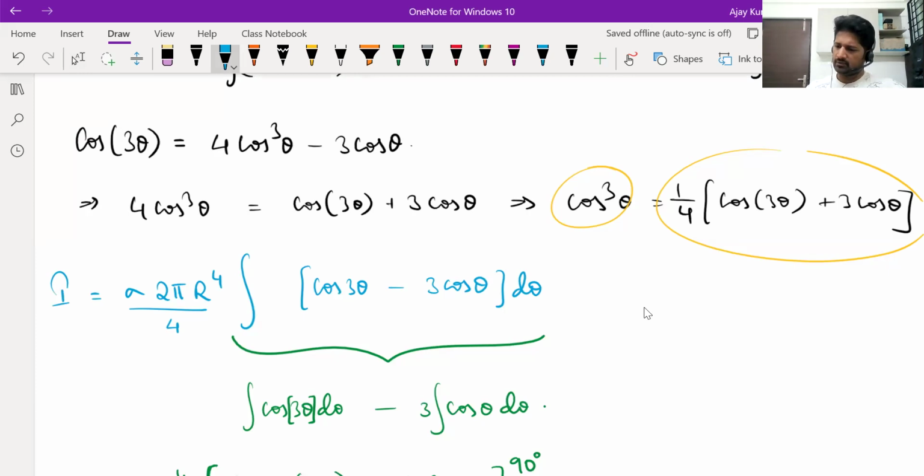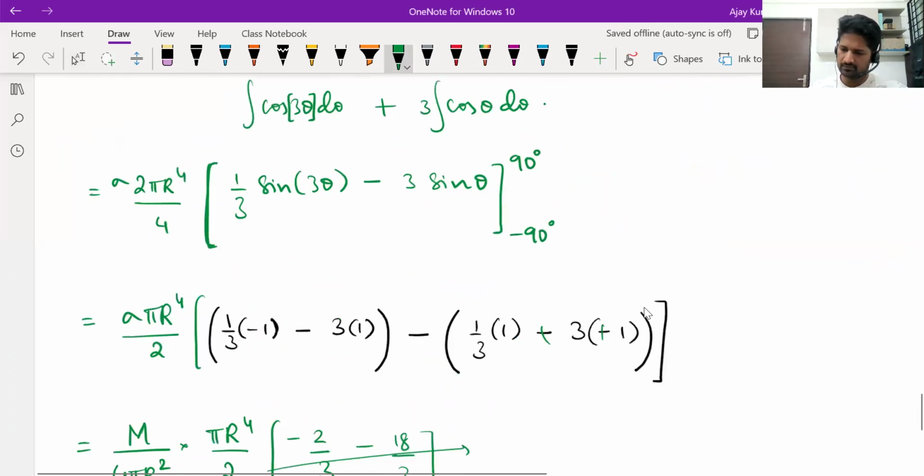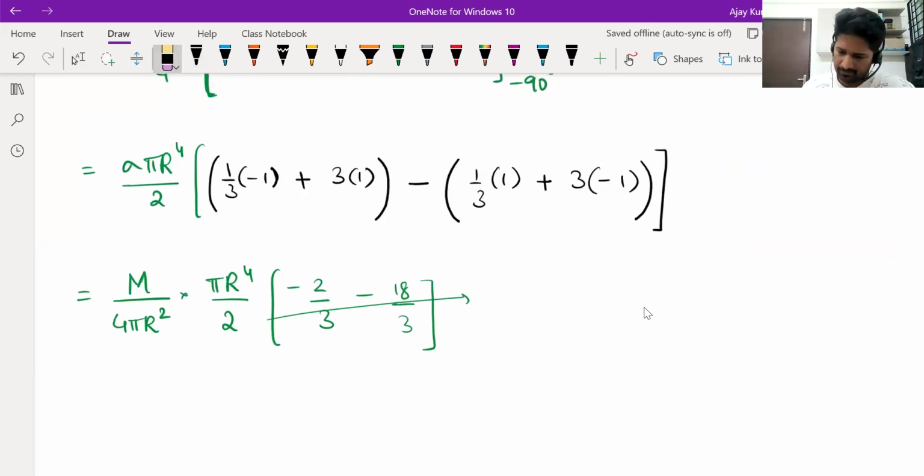Cos cube theta is 1/4 cos 3 theta plus 3 cos theta. Okay, so there should be a plus here, and we should write the same plus everywhere. Plus. Fine.